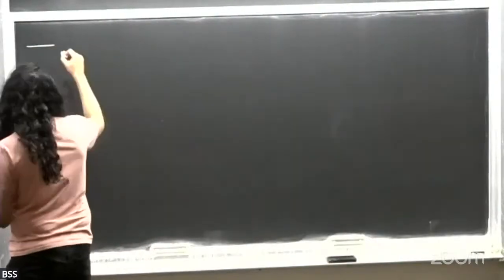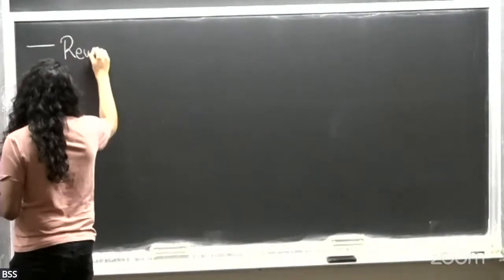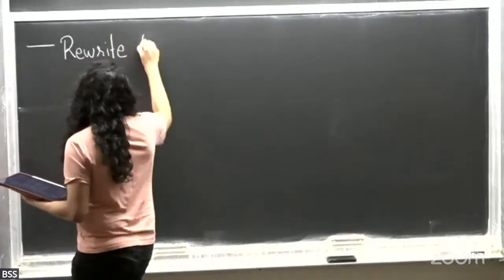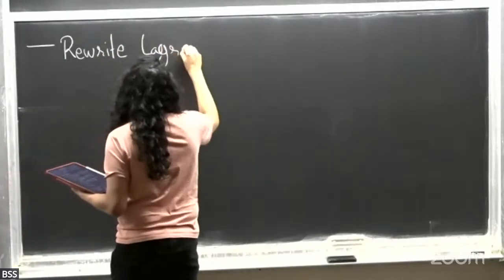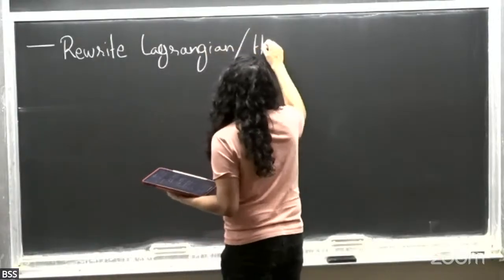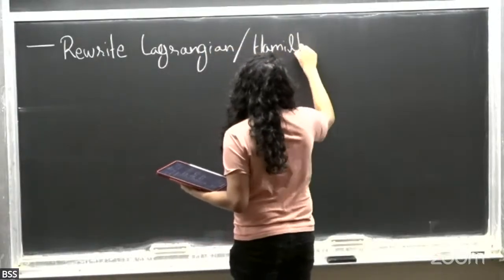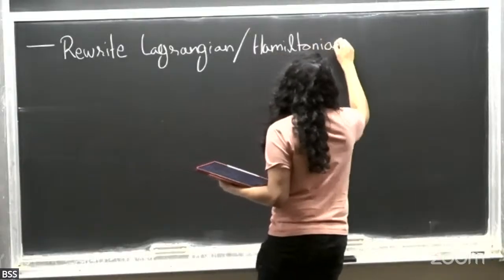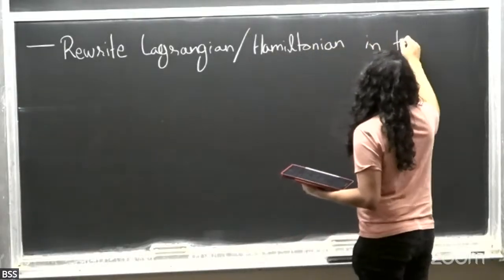Step 3 is to rewrite your Lagrangian or your Hamiltonian in terms of the bosonic operator.